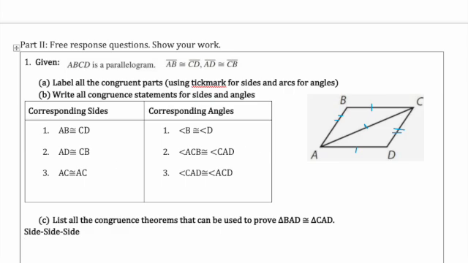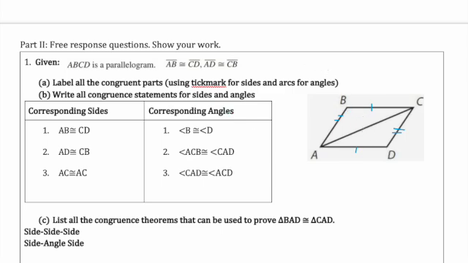And we know that this angle is congruent to this angle because opposite angles in parallelograms are congruent. So we know side, angle, side. Not just because I want to say it, but because we have a side, an angle, and a side. Okay. I'm going to erase some of this and just leave my given stuff.